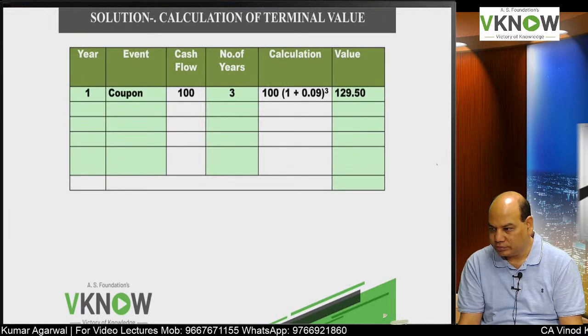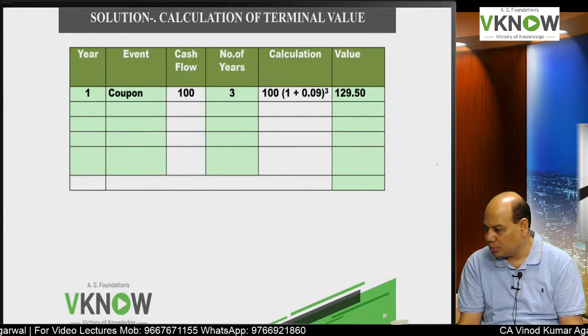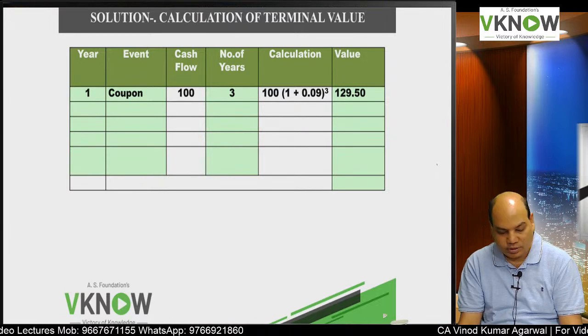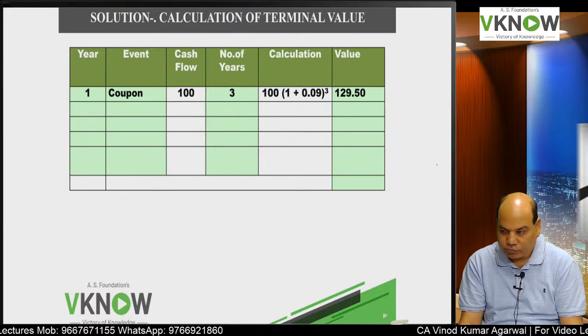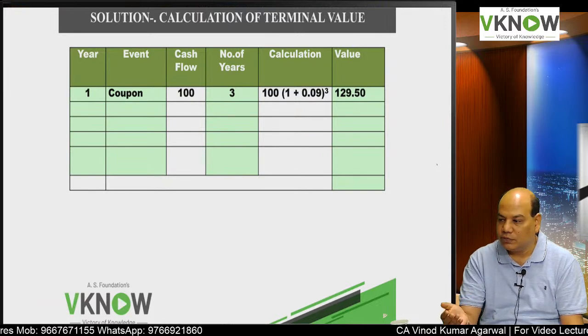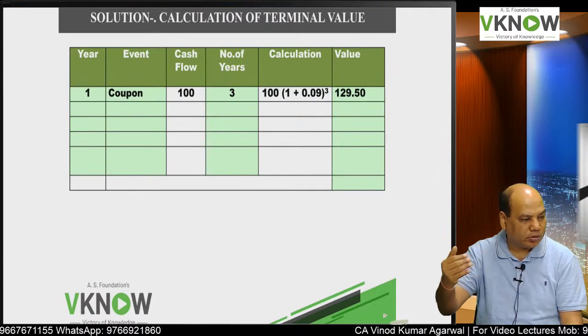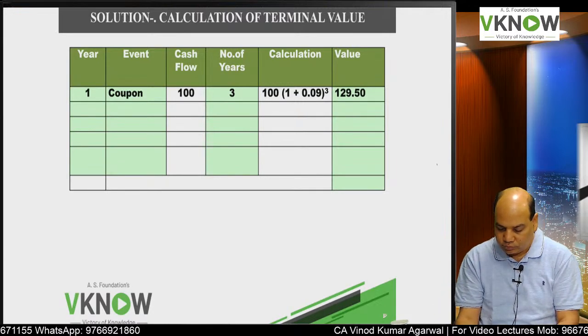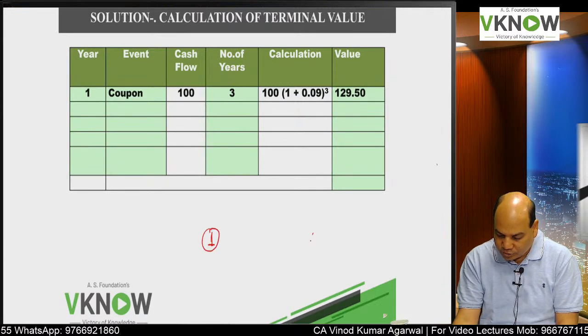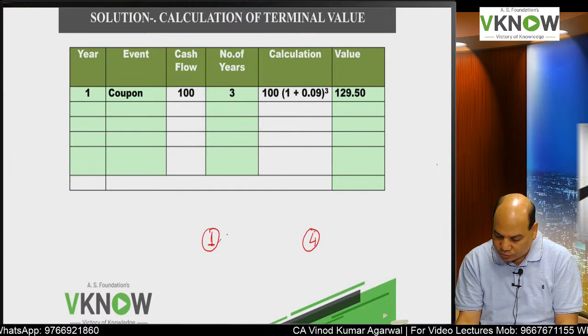Understand year 1. In year 1, you will get coupon. How much coupon you will get? 100 rupees. 10% of 1000. And it will be invested for 3 years. Because year 1 is over. So it will be invested for 3 more years. You are here and you have to invest up to year 4.